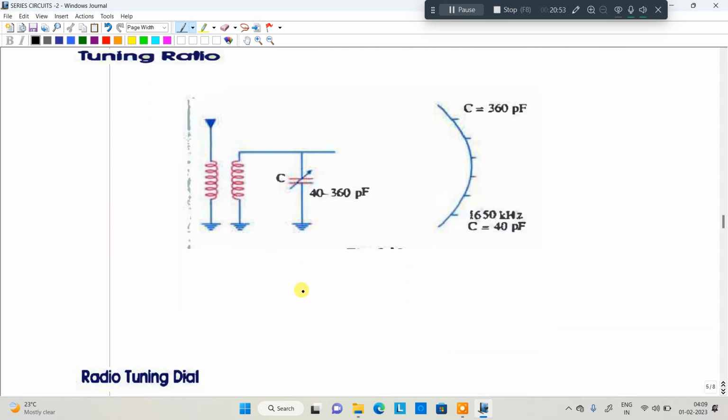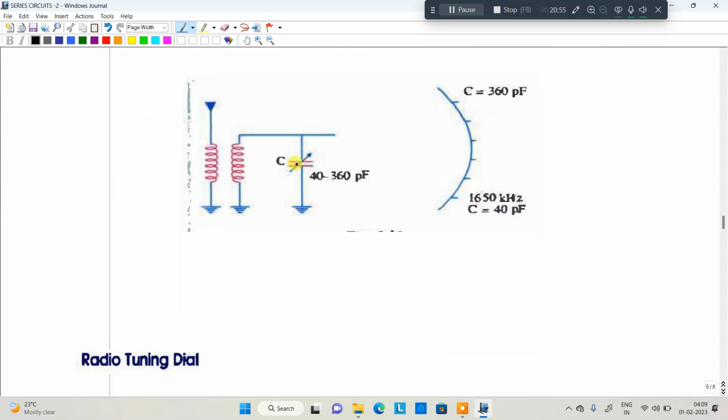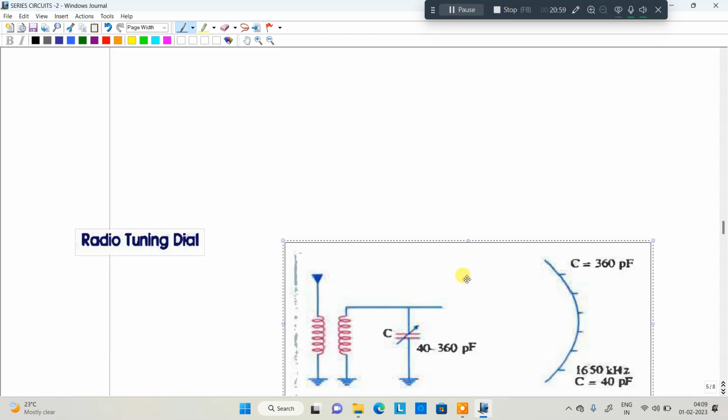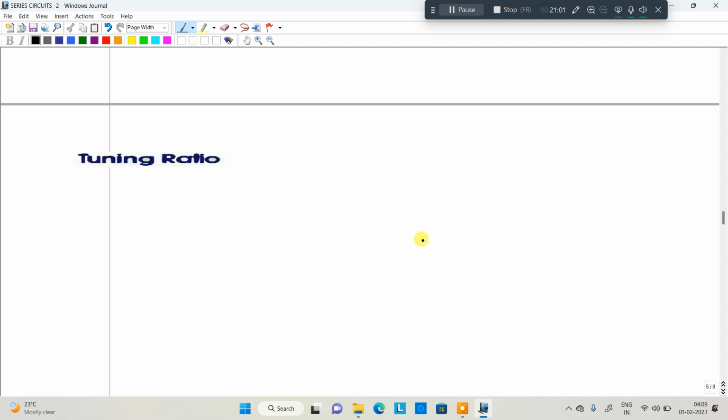Tuning ratio. How will the tuning ratio be? We'll discuss it now. F naught is equal to 1 by 2 pi root LC, yes or no? That is the resonance relation. So F naught is directly proportional to 1 by root LC.